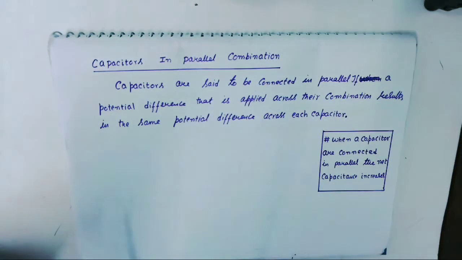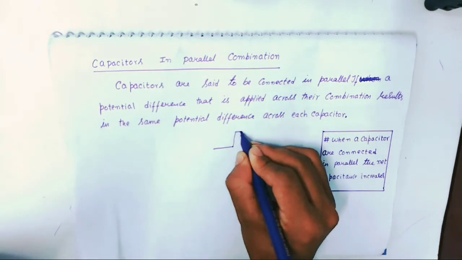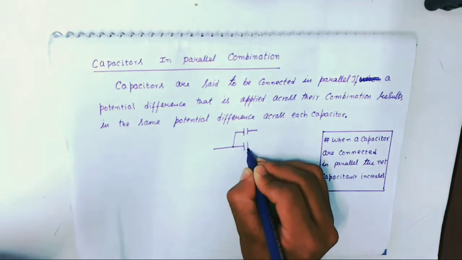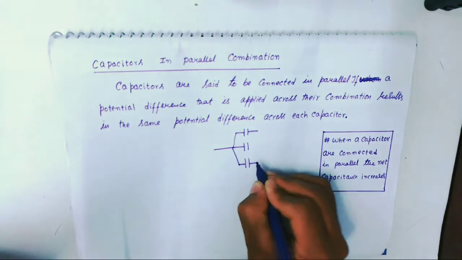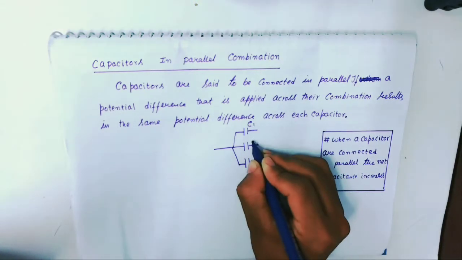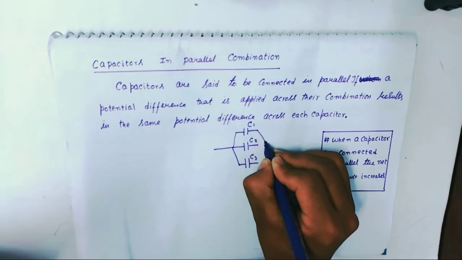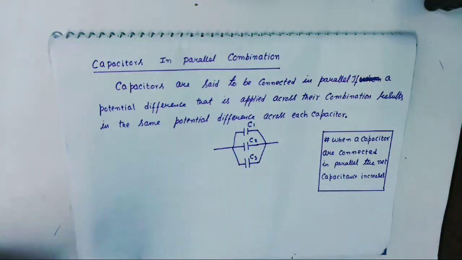So let us consider 3 capacitors of capacitance C1, C2, C3 connected in parallel as shown in this figure.